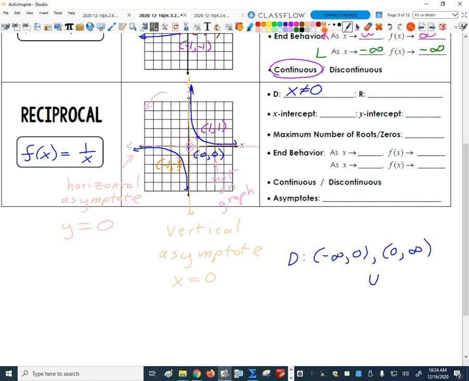Okay, what about the range? Natalie, what's the range going to be on this one then? Questions for Natalie. How about Olivia?